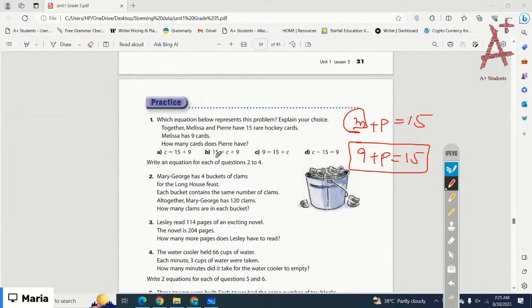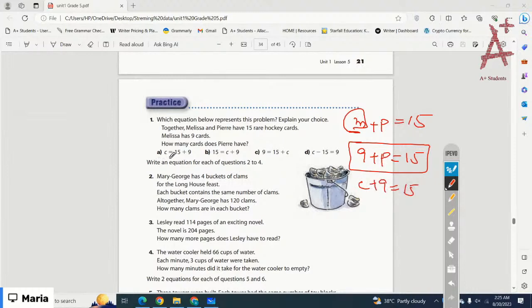So the correct option is the one for how many cards Perry has. They represent Perry with C, so it would be C plus 9 equals 15.